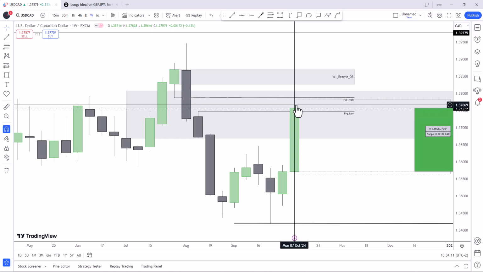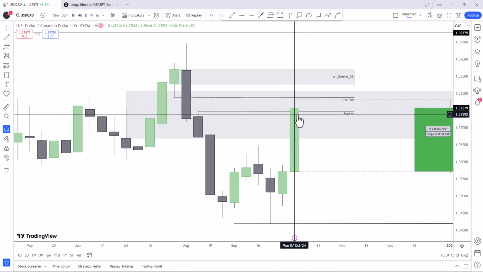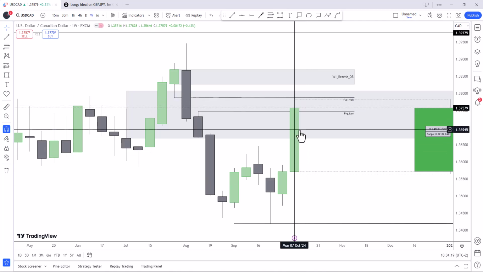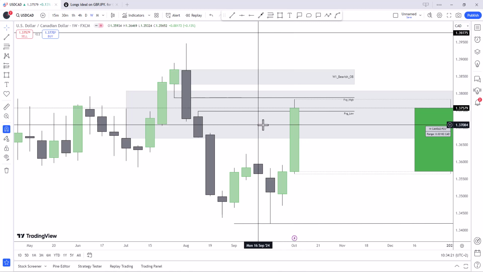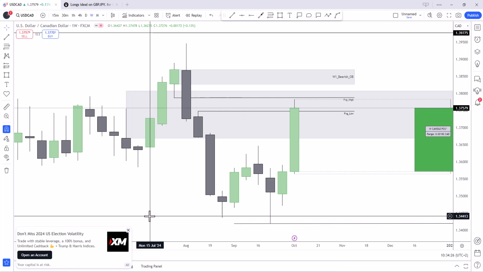So now for a long-term trader, right, entering a short position here, using the weekly profile is the ideal scenario. If you're going to use the daily profile, you need to see also price trading into a high probability range on the daily time frame.